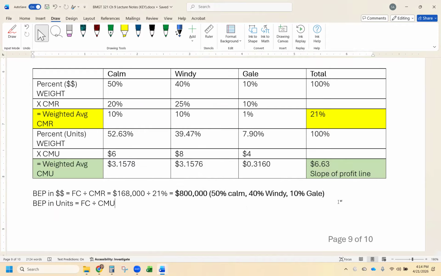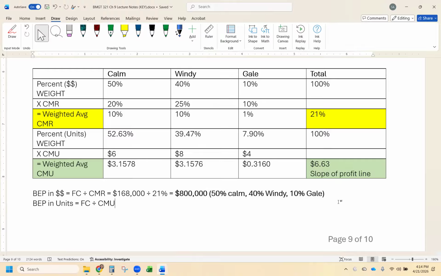And that's because those are the weights for the sales. So 400,000 of that is from calm, 320,000 is for windy, and 80,000 is for gale. So that's all of them added together.